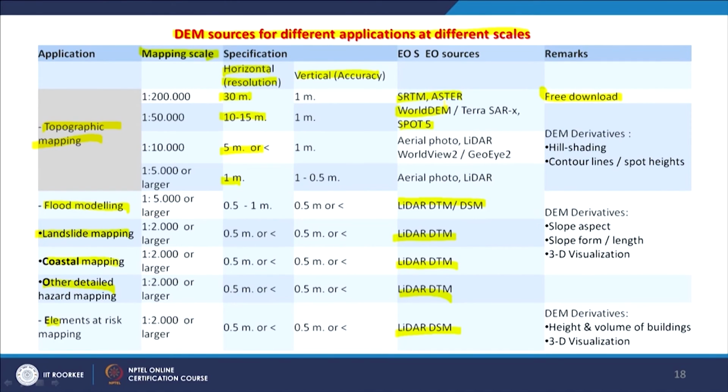So many digital elevation models generated using different remote sensing techniques are now available at different resolutions, and many of them, like SRTM, ASTER GDEM and Cartosat, are available at 30 meter resolution. So we have a lot of choices.